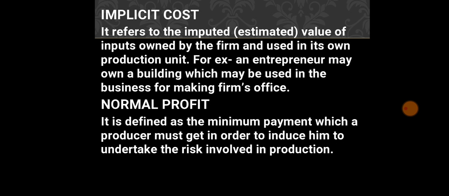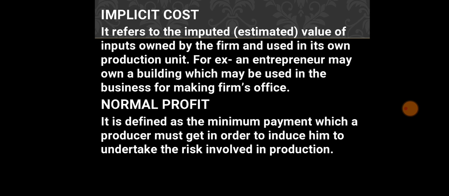Now another type of cost is the implicit cost. Implicit cost refers to the imputed or estimated value of inputs owned by the firm and used by it in its own production.